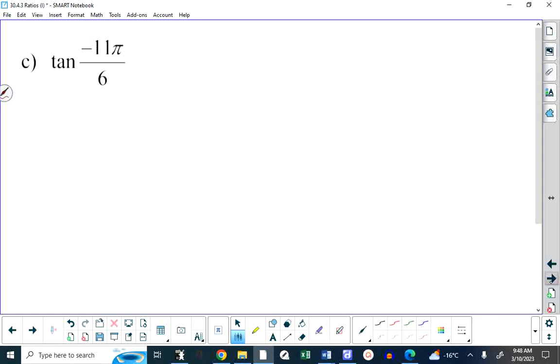Let's try another one. Tan of negative 11 pi over 6. So tangent of negative 11 pi over 6 will be equal to y over x. This is something that needs to be known. Tangent is y over x. So we need to know the y and x coordinates at negative 11 pi over 6.